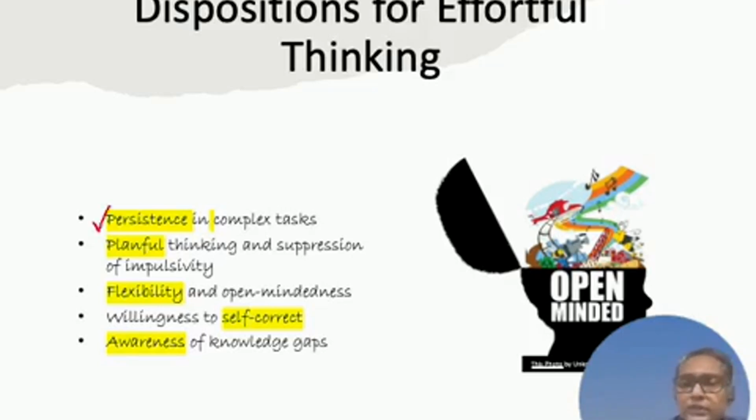The one being persistence, meaning that when you encounter a complex task, and again, this has to do with how our human system has evolved to be more quick than precise. For you to be precise, you need to be patient and not let go of the thing that you have taken up, but to be perseverant throughout till you finish accomplishing what you wanted to accomplish, and why you're using the skills of thinking for a given task.